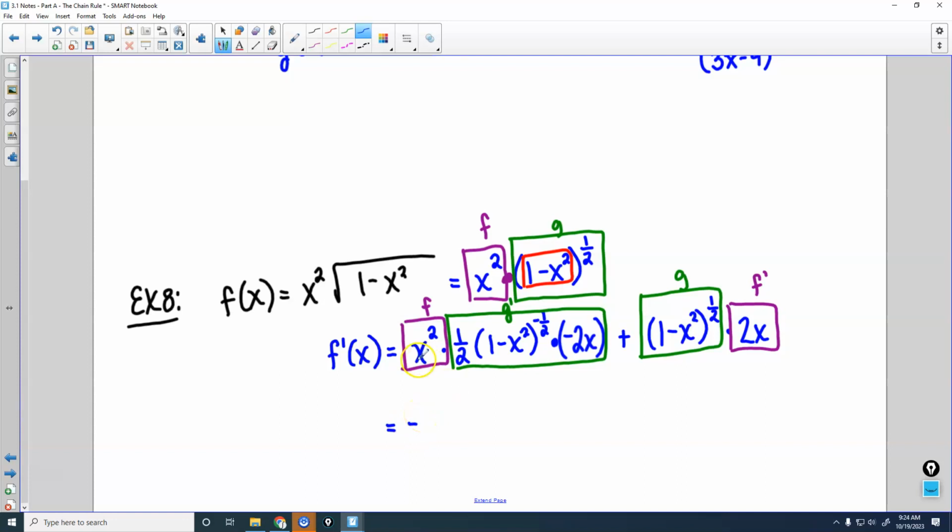And then we'll have x squared and another x over here gives us x to the third. So that is combining the x squared, the 1/2, and the negative 2x. And then we would also have the 1 minus x squared to the negative 1/2. And over here for the second part, I would just write my 2x out front. 1 minus x squared to the 1/2.